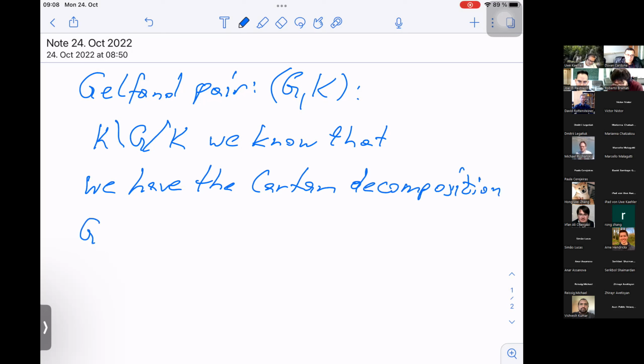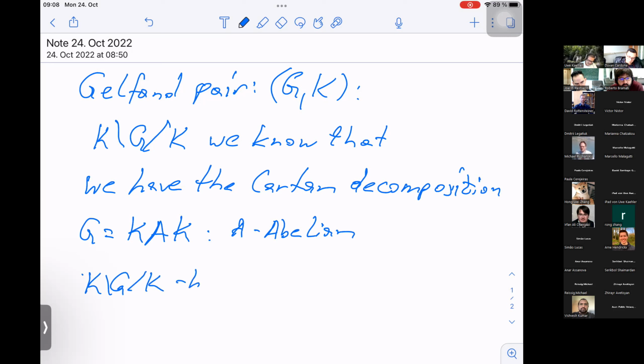So for any group, you always have that decomposition KAK, where A is abelian. That means in such a case, K\G/K has only 1D irreducible representation spaces.